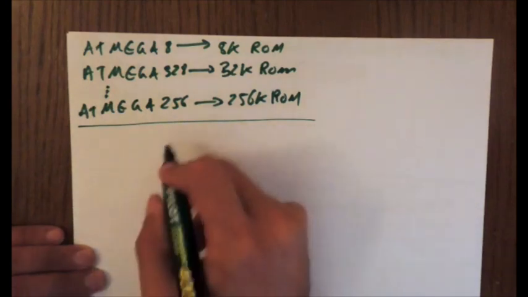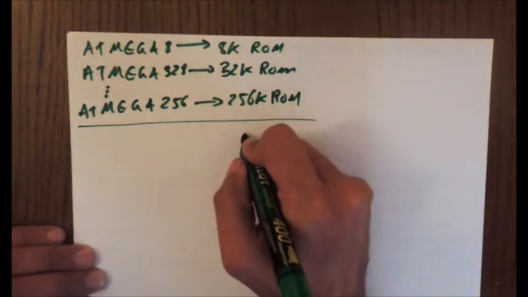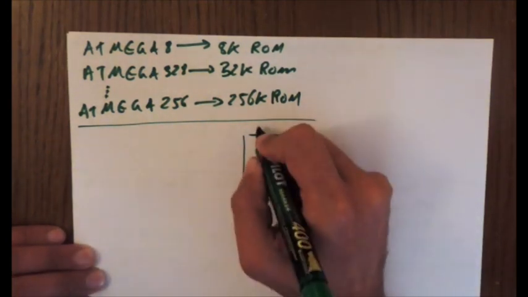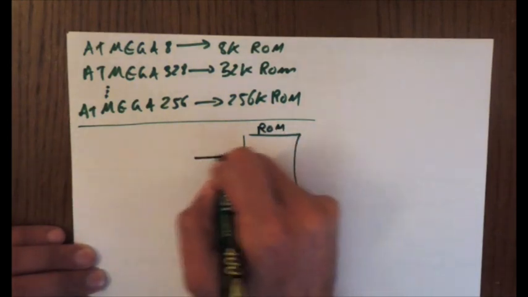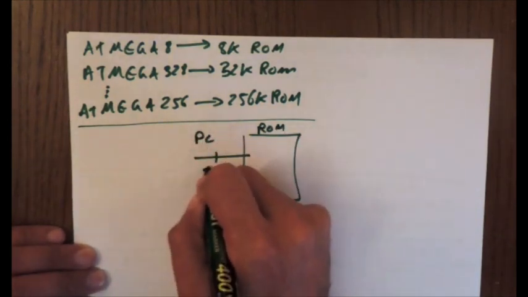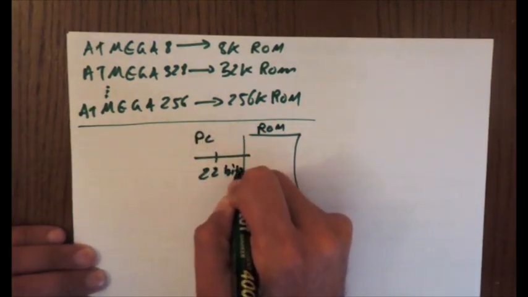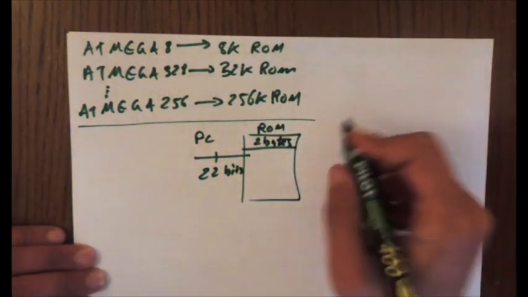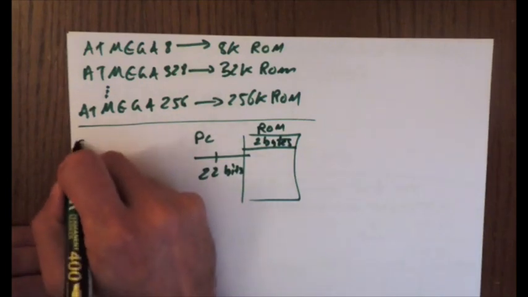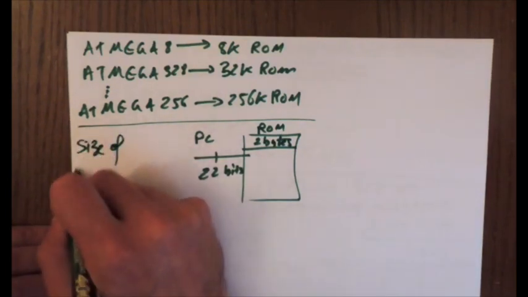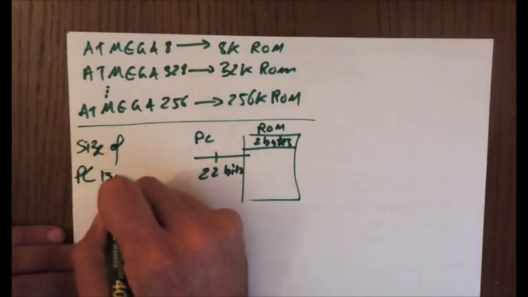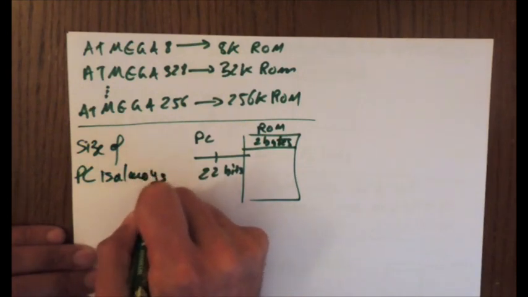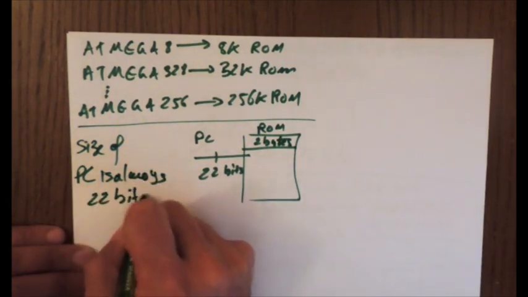So for a program memory, whatever the size of the ROM, the size of the PC is always 22 bits, and this is 2 bytes. So the size of PC is always 22 bits.